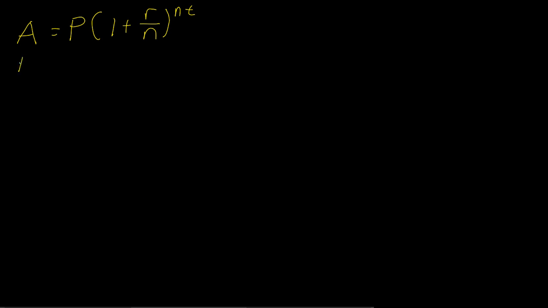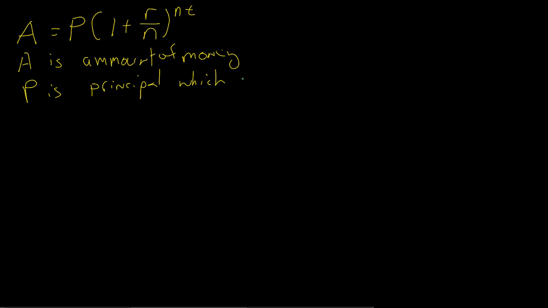And so A is my money, the amount of money. P is the principal, which is the deposited amount, which is the amount interest is applied on.